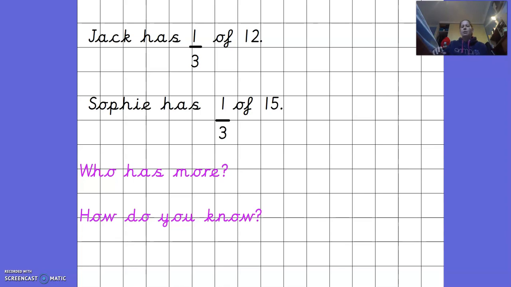Pause the video and have a go. So 1/3 of 12 is 4. It's very big. And 1/3 of 15 is 5. Who has more? Sophie has more because 1/3 of 15 is more than 1/3 of 12.